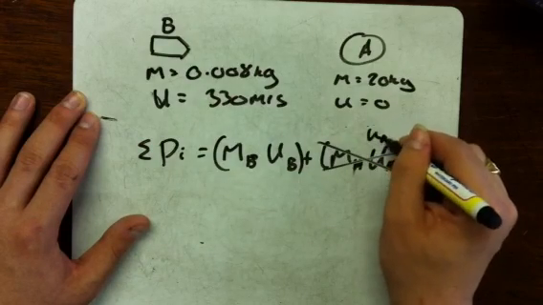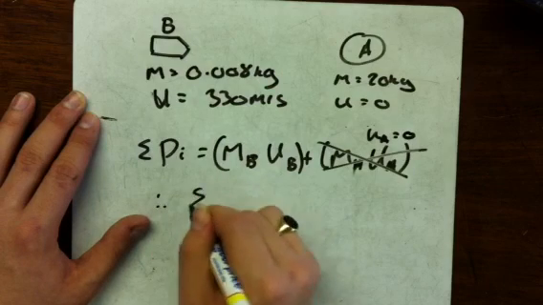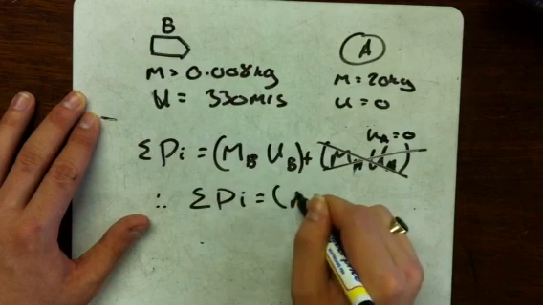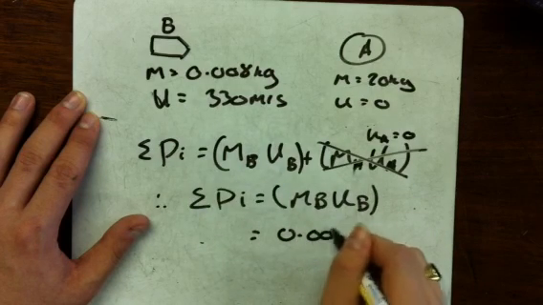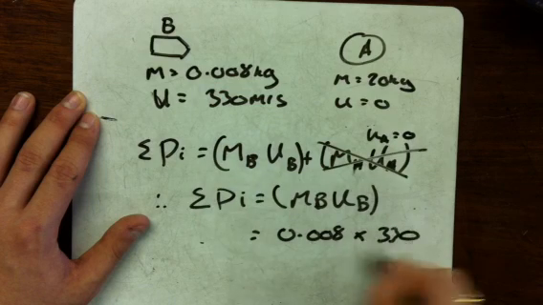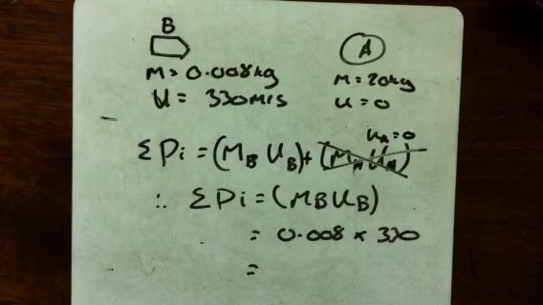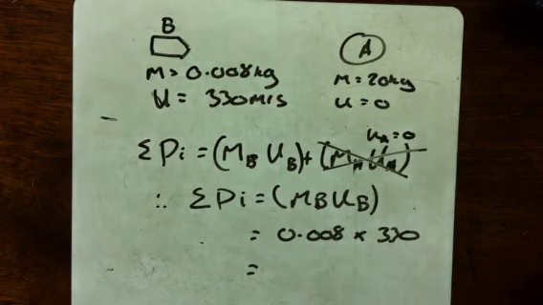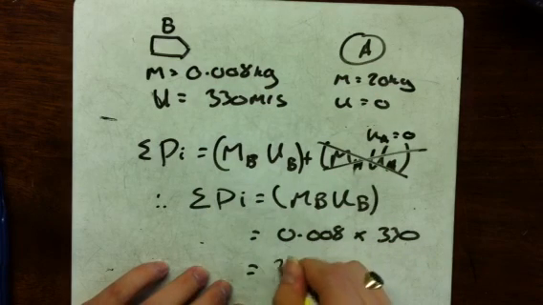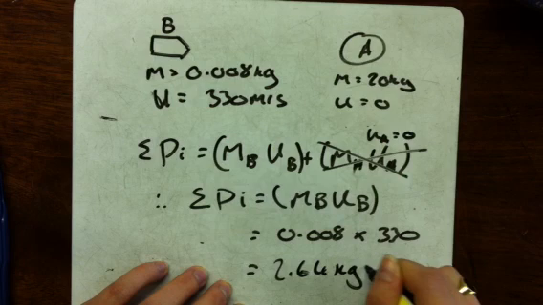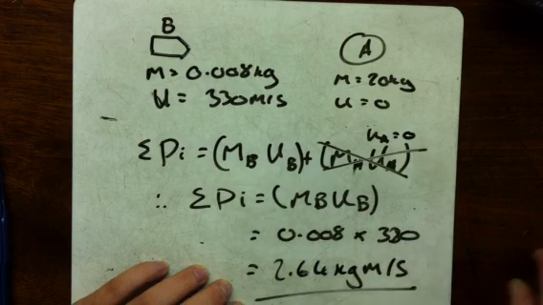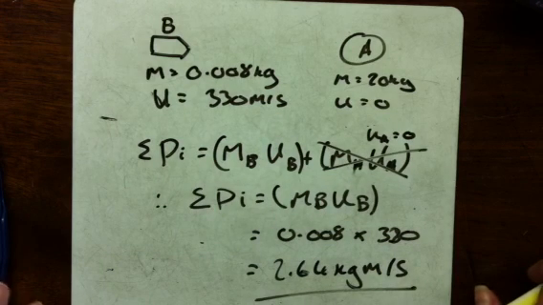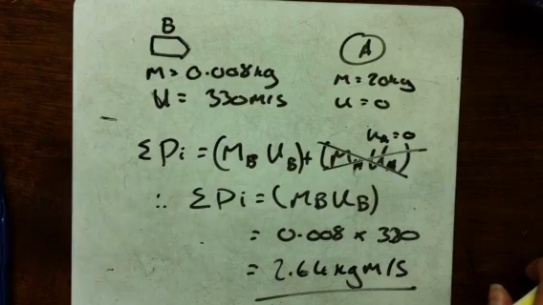Therefore, sum of the initial momentum equals mBuB equals 0.008 times 330, which if we put that into a calculator, equals 2.64 kilogram meters per second. Now, you might think that's not a lot of momentum for something travelling so fast, but remember, a bullet has a very, very small mass. So it does actually make sense.